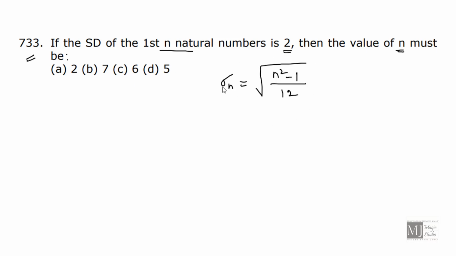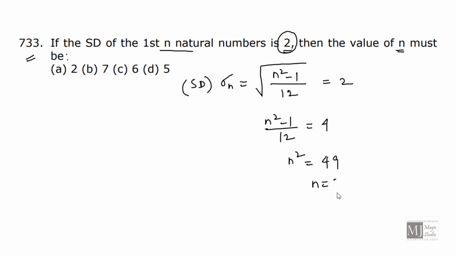Standard deviation, this is the symbol used for standard deviation, for n natural numbers is given by root over n square minus 1 by 12. Now this is equal to 2 according to the sum. That means n square minus 1 by 12 is equal to 4. 4 into 12 is 48, plus 1 is 49. N square is 49. Therefore n is equal to 7. The value of n must be 7.